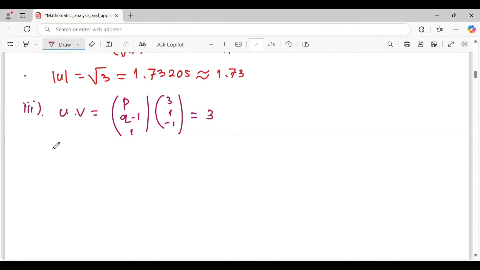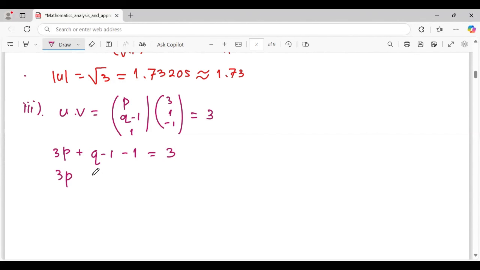So 3p plus q minus 1 minus 1, because q minus 1 is multiplied by 1, and it is 3.